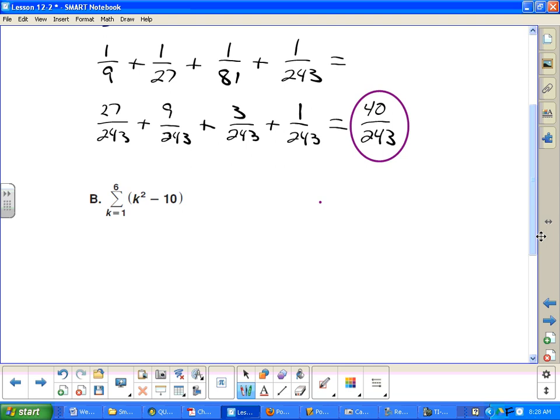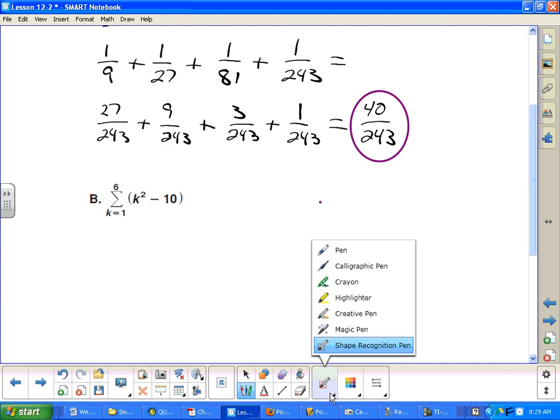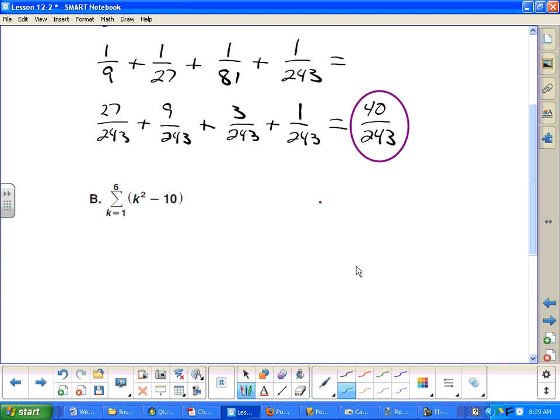So is that little sigma, is that easy to do? Kind of like doing braces, you know. There you go, there's a brace. You know, a couple squiggles and you got it. Really? Hmm.